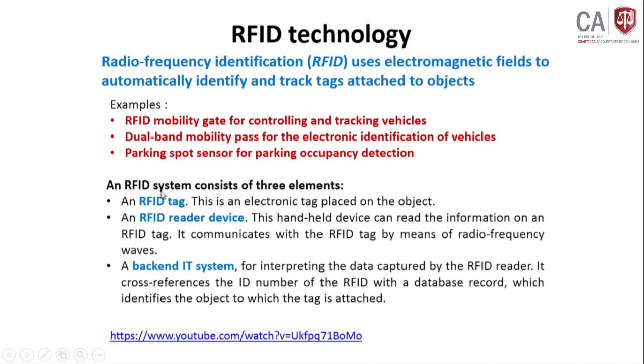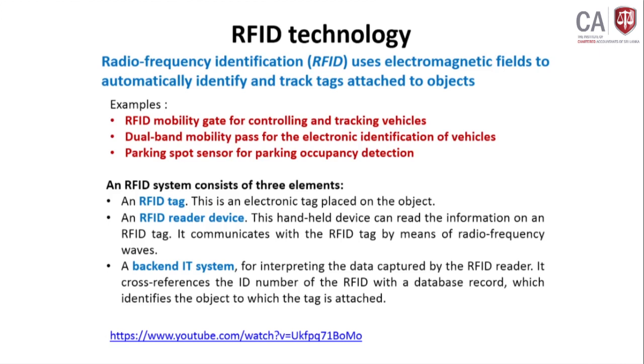As an example, I will tell in my office, my office identity card, that is RFID technology. When I come inside the office, I have to place this at the door. Then the door will automatically open.